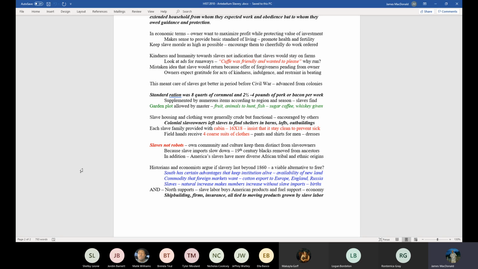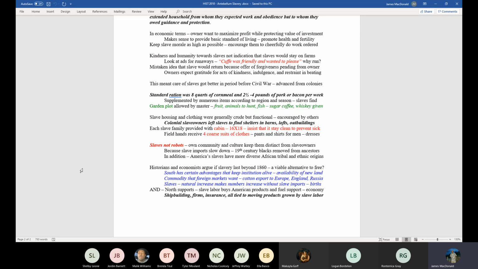Would it have lasted beyond 1865 when we have emancipation and the end of slavery? Yes, the answer is. It could have lasted, some people think, till 1900. Why? Because there was a profit attached with slavery. We often say, well, it's backward.